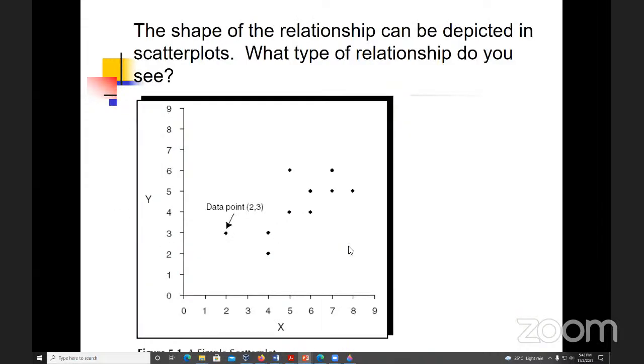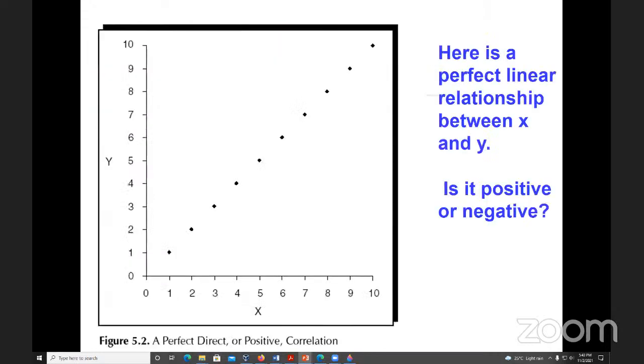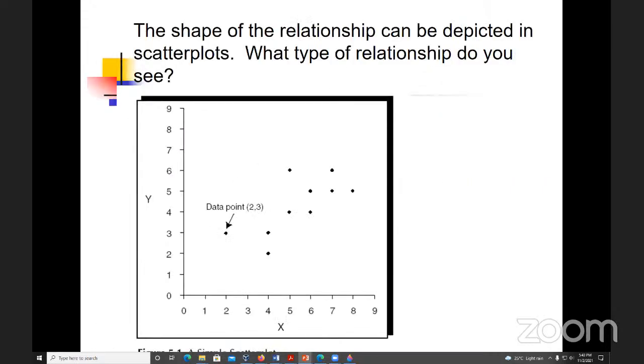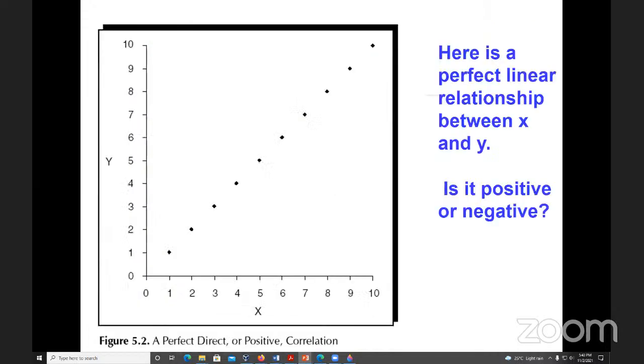And so what kind of relationship do we see here on this graph that's shown on the diagram? No takers? I will certainly say that it's a positive relationship. What's a moderate?